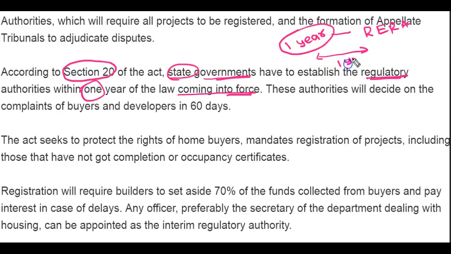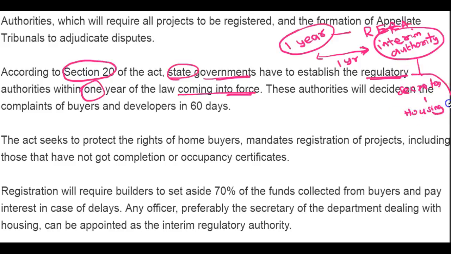Then what about the first 1 year? In the first 1 year, state governments have to set up an interim authority. Preferably the secretary in charge of housing will act as the regulatory authority for 1 year. After that, state governments have to set up the real estate regulatory authority.